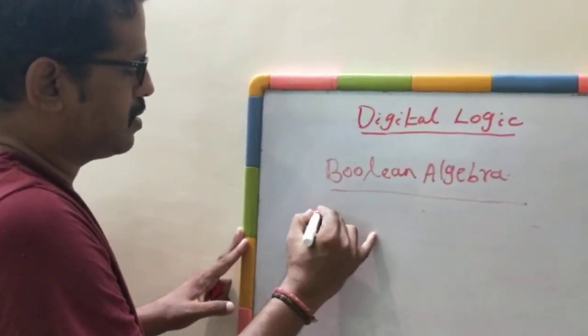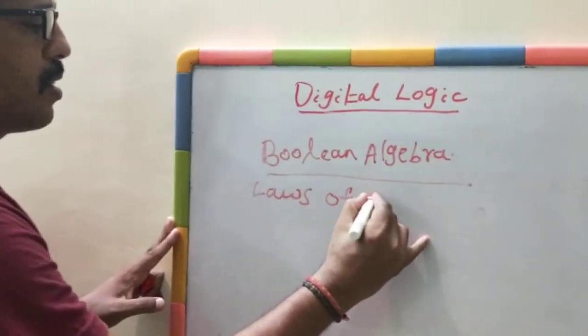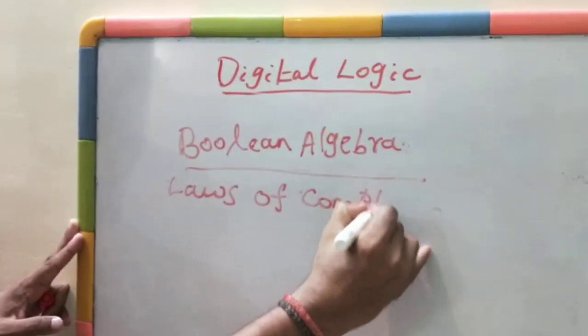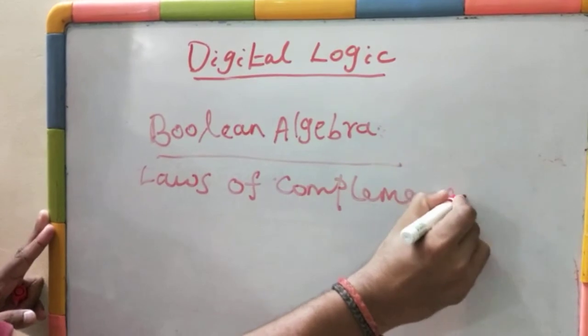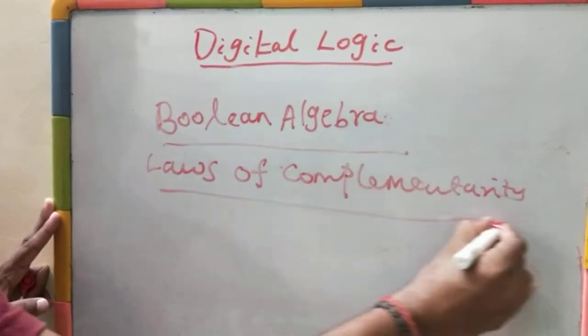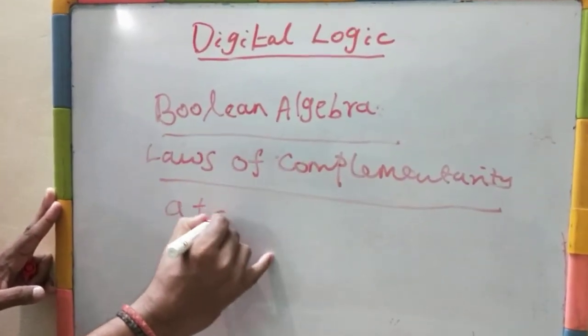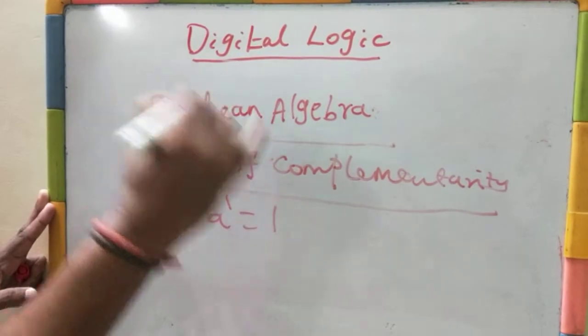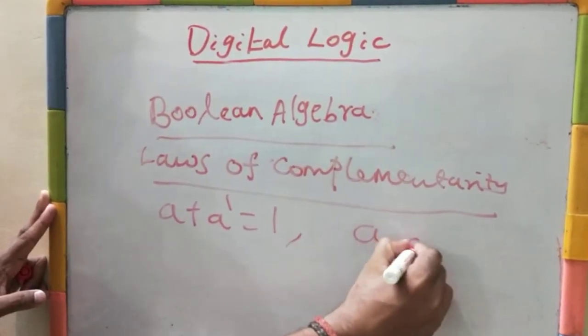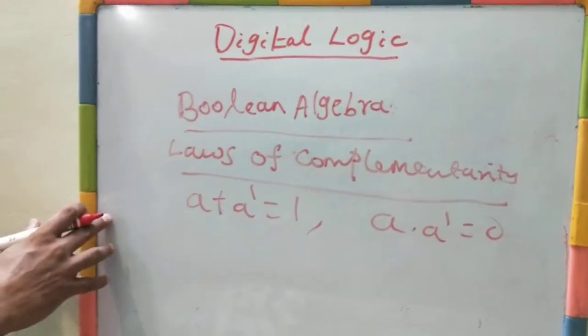Okay. So next we are going to see the laws of complementarity. A + A' equal to 1, A · A' equal to 0. Okay.